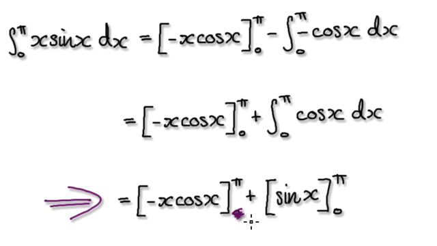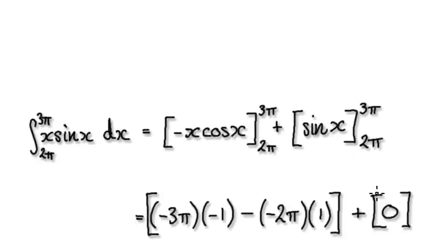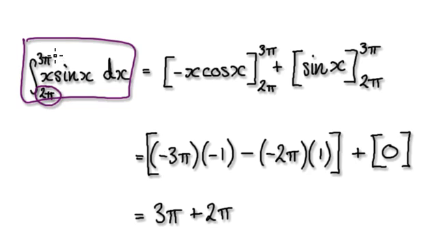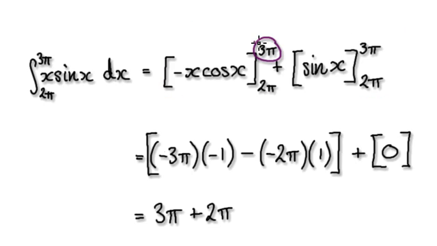We need to change this from 2 pi to 3 pi, and this here from 2 pi to 3 pi, and so on. So now let's try and evaluate it. We are now evaluating from 2 pi to 3 pi, jumping into this stage here.